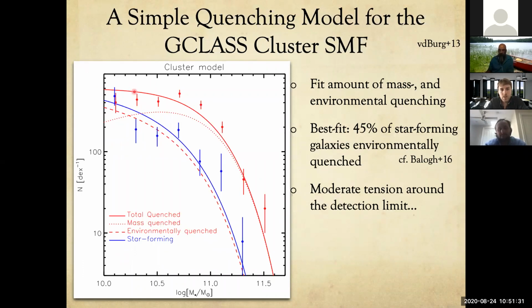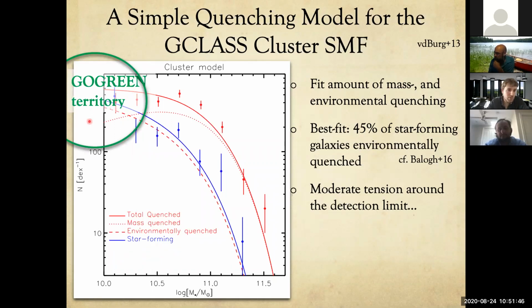So the expected number of quenched galaxies is higher than the actual number that we measure in the data. Now, of course, with GoGreen, we can explore exactly that regime because GoGreen has deeper photometry and deeper spectroscopy, so we can test this regime better, where GoGreen stands out compared to G-CLASS.